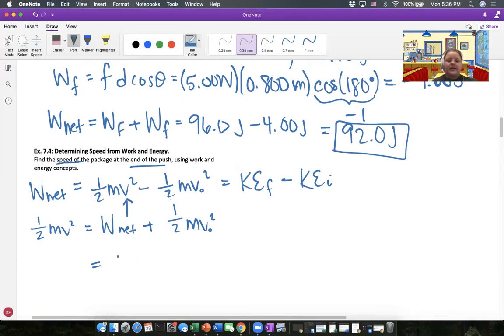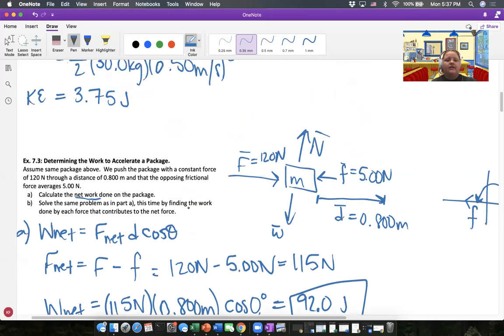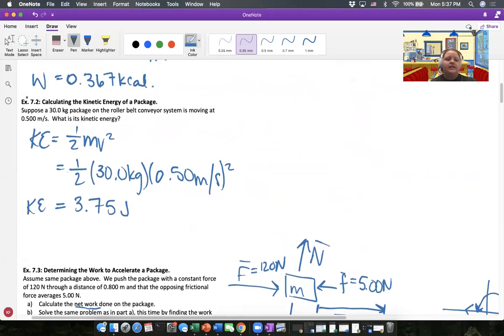So my net work was 92 joules. And this part here is my initial kinetic energy, which I found in example 7.2.